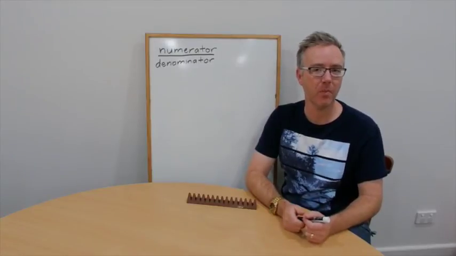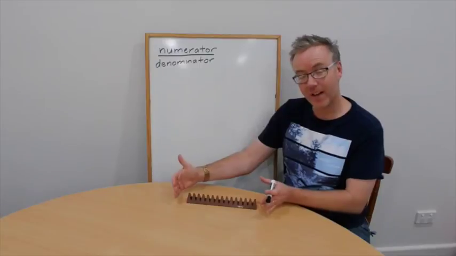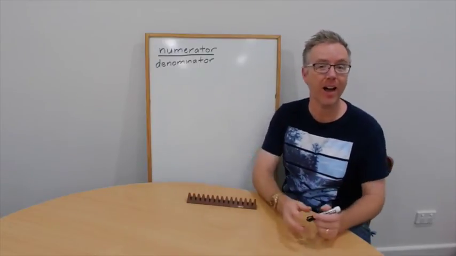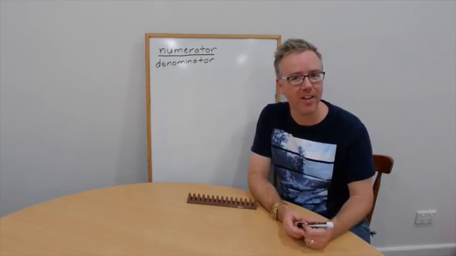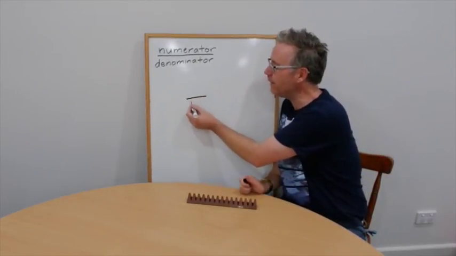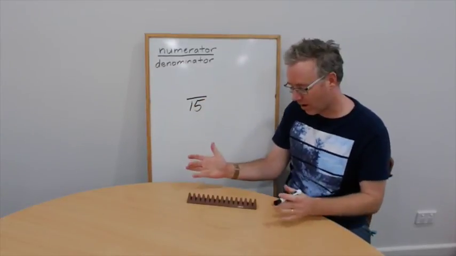Let's do one more example of what a fraction means, bearing in mind, of course, that we understand the whole and, of course, breaking that whole up into equal parts. So here we have the Toblerone. You may remember it has 15 equal parts in the whole.